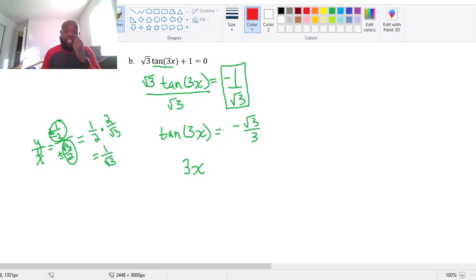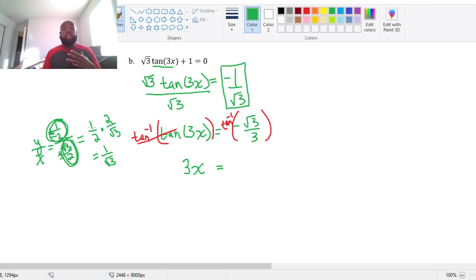Because now it's not an x here, because that input is a 3x, right? So if we were to do the tangent inverse to cancel that, we would be left with 3x. So this is what 3x equals, because we would be doing the tangent inverse. So we have 3x equals the angle that has a y coordinate of 1/2 and an x coordinate of square root of 3/2.